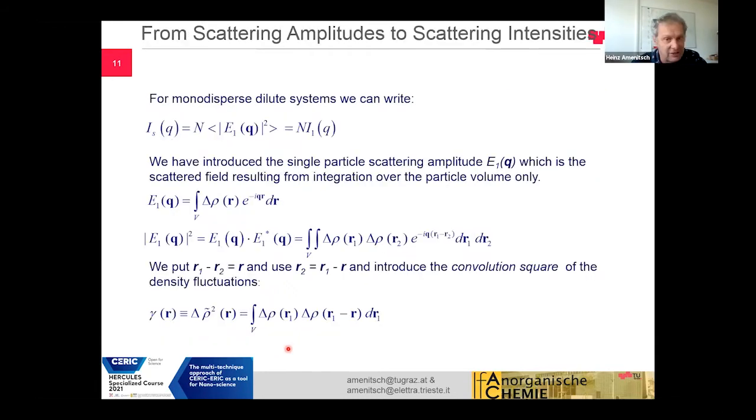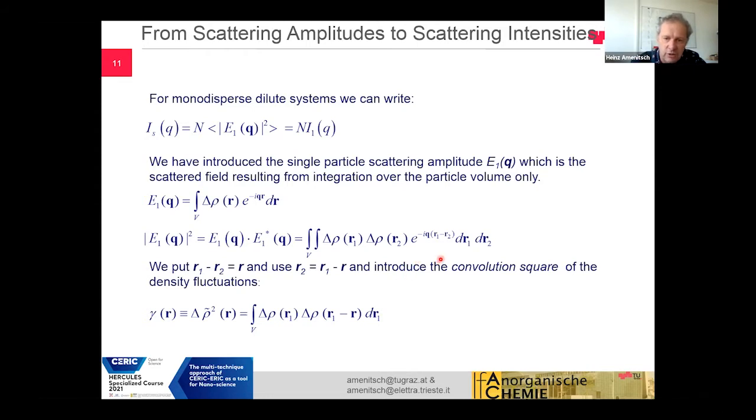And now to get to intensity, you have to take the absolute square. And then you can calculate here the number of particles in the sample, and you have here the intensity from each particle. And what is now important, you have now to calculate this epsilon, the electrical field absolute square, and you get a double integral.